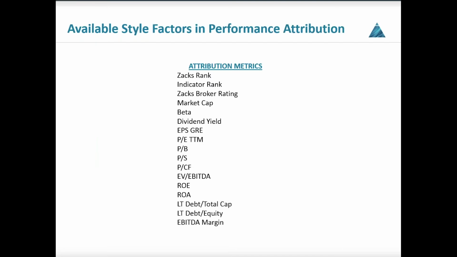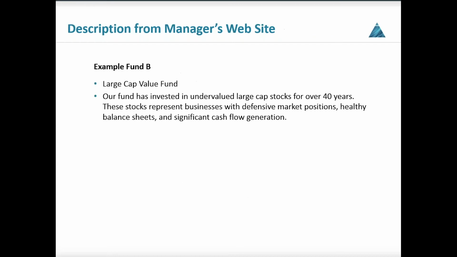On the Zacks attribution system, this is a list of the various factors that are available to be looked at. So for our first example, this is a fund. It's a real fund, a separately managed account. It's been around for a long time, and its description is that it's a large cap value fund.